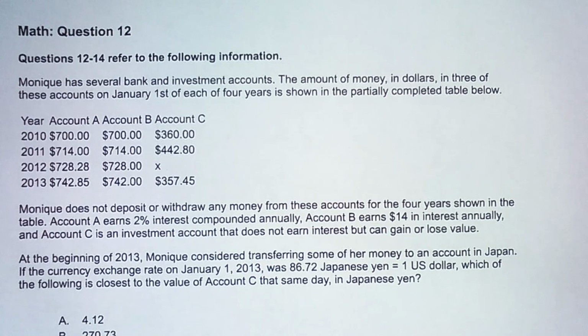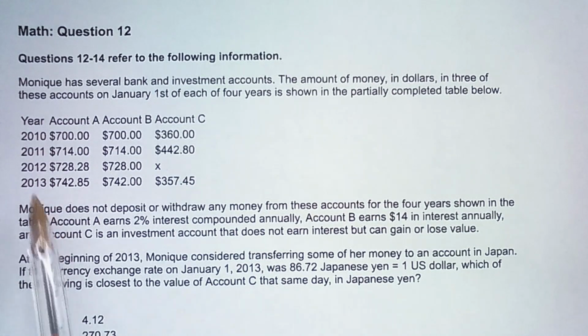Okay, so question 12. Monique does not deposit or withdraw any money from these accounts for the 4 years shown in the table. Account A earns 2% interest compounded annually. B, $14 interest annually. Account C is an investment account that does not earn interest but can gain or lose value.